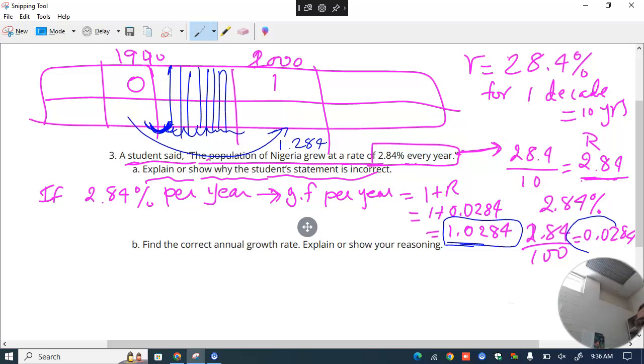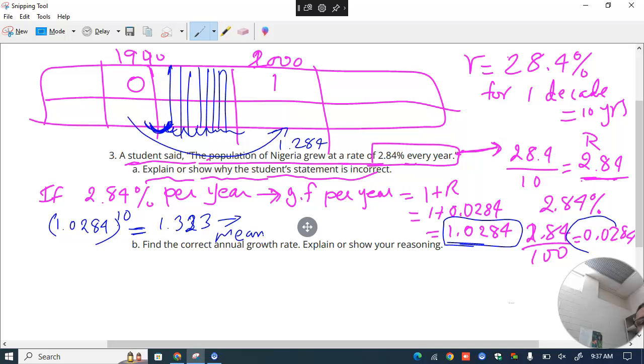If I multiply 1.0284 10 times and use the calculator, you can check when you get time, you get 1.3223.